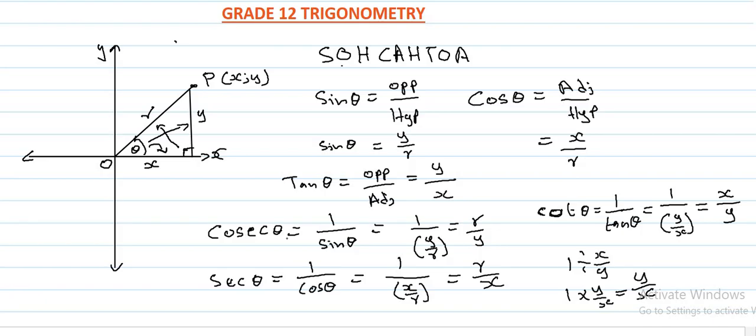So in all the reciprocals, you do the same method. You change the division into multiplication. Then you get y over x, r over x, and r over y. So this is the first basic that you must know.